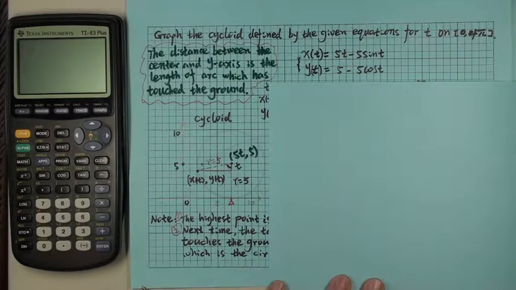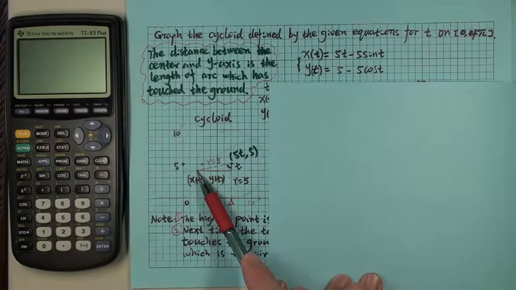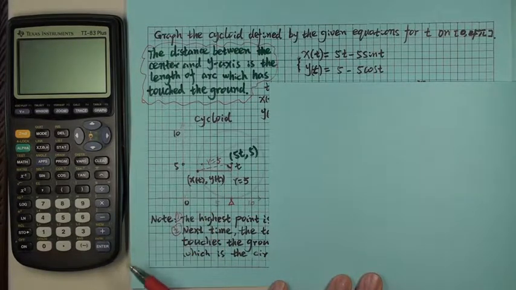Now we want to figure out the coordinate of this center. We then should be able to figure out the coordinate of this tangent point, which was originally from here.